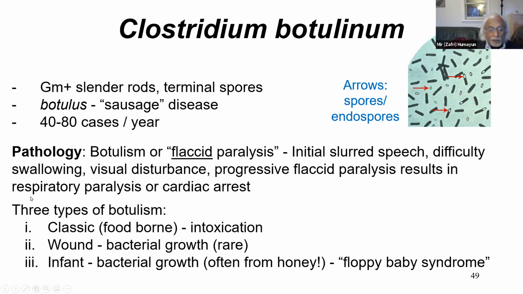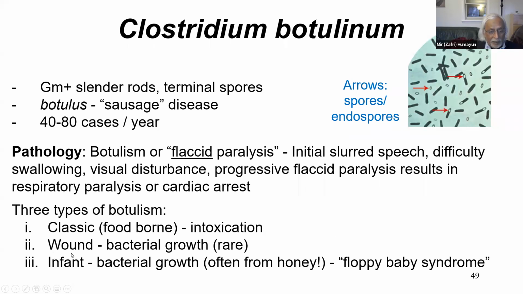Okay? There are three types of botulism. The most common is classic botulism, which is a foodborne intoxication. This means preformed toxin that is present in the food is ingested, which leads to this intoxication.